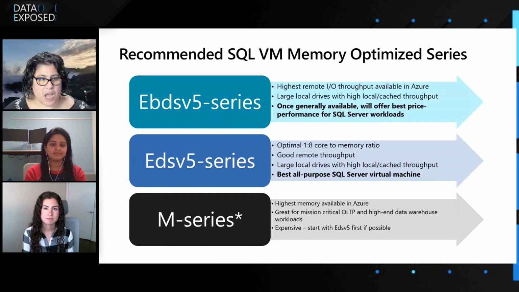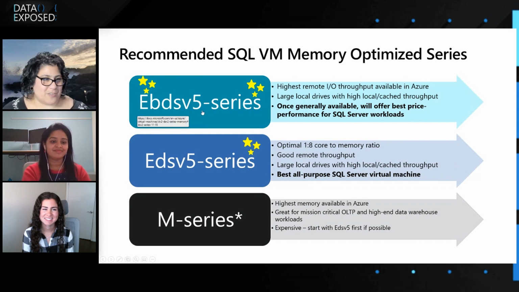This has some more of those high-end servers, but it's a lot more expensive. So I would say for most of your workloads, you want to stick with these E series. So that Edsv5 series is great, an all-purpose machine. And then what I'm calling the hashtag double sprinkles VMs is the Ebdsv5 series VMs. Flagship storage bandwidth optimized VMs will be generally available in the first half of calendar year 2022.